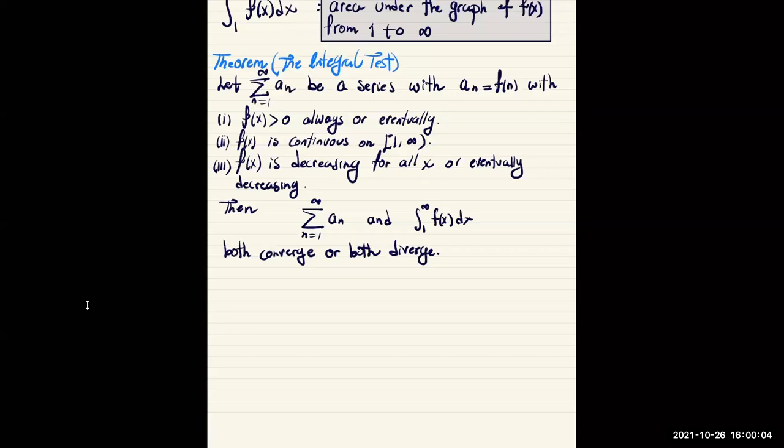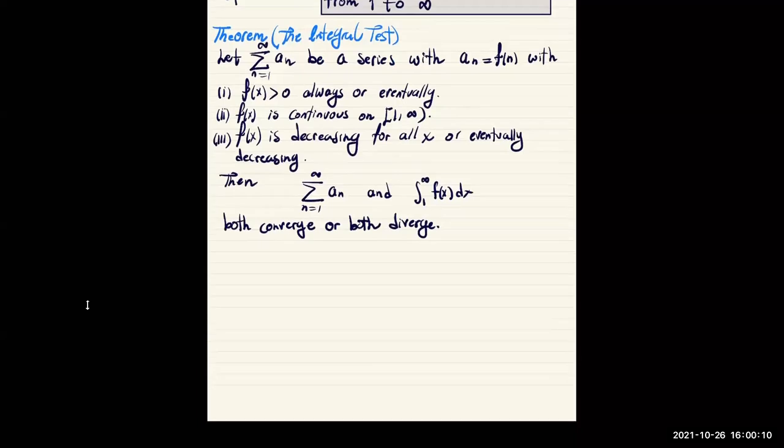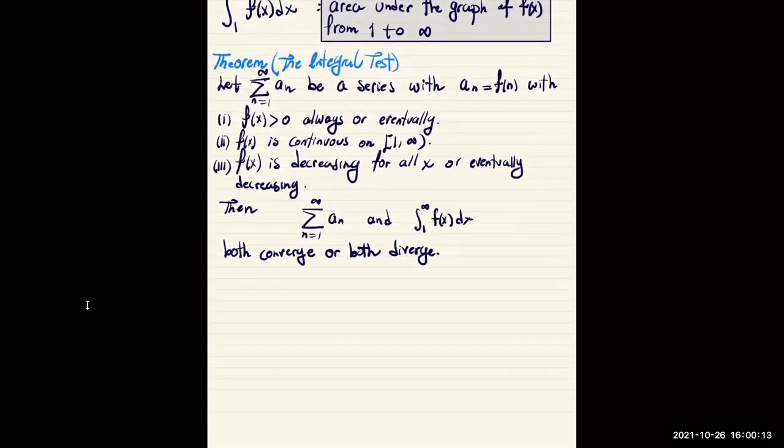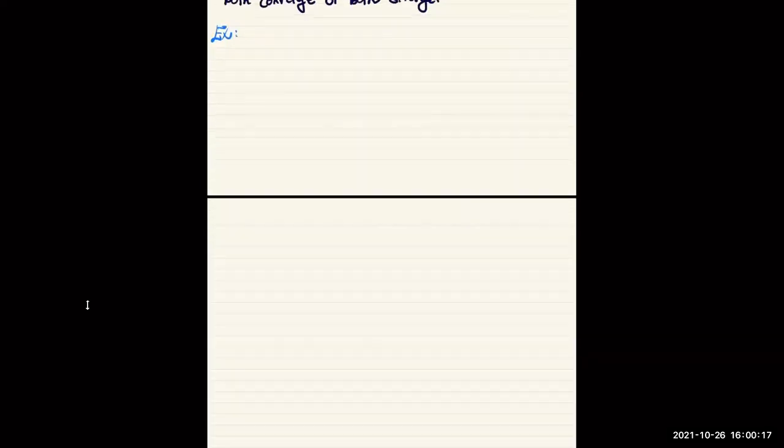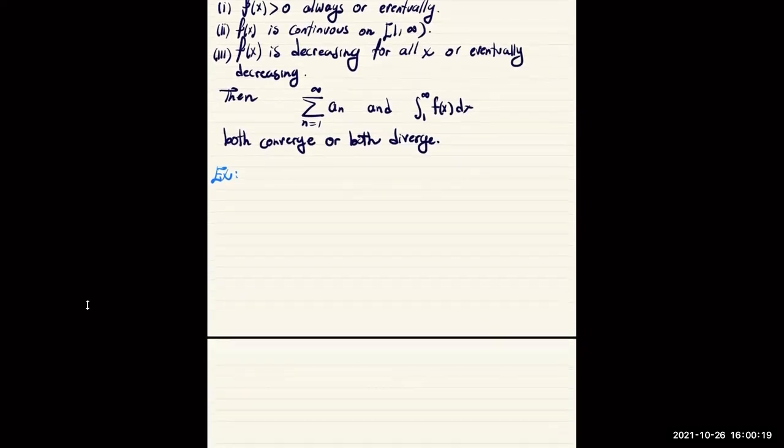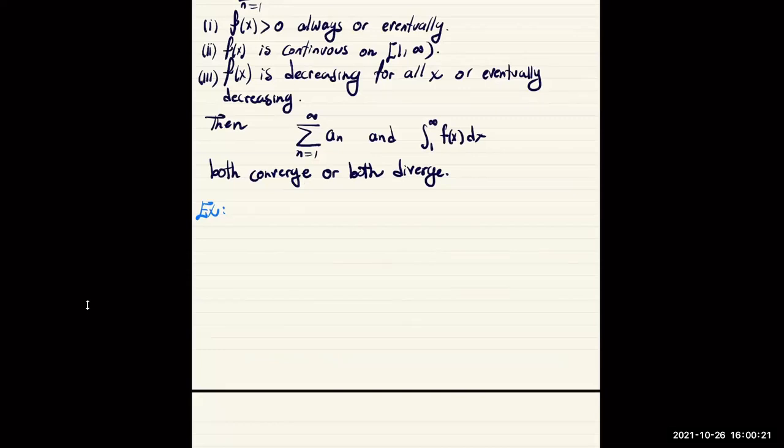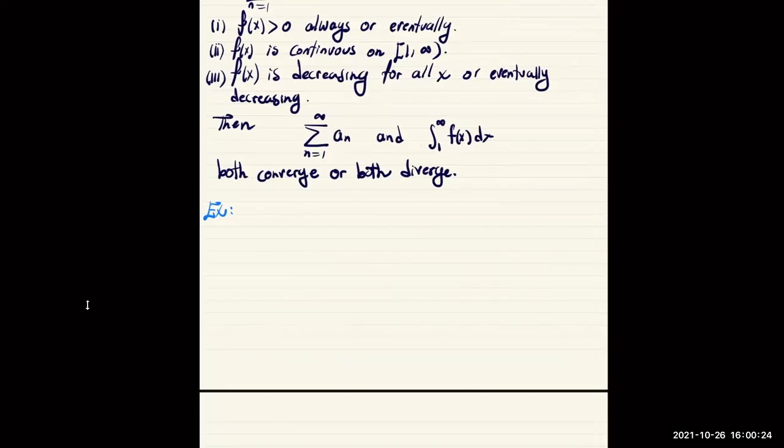All right, so let's actually look at a couple of examples, and I'll try to prove this if I have time today. If not, we'll prove it tomorrow. Let's go with the harmonic series. Again, I could call this 1 over k going from 1 to infinity, but the book uses 1 over n.